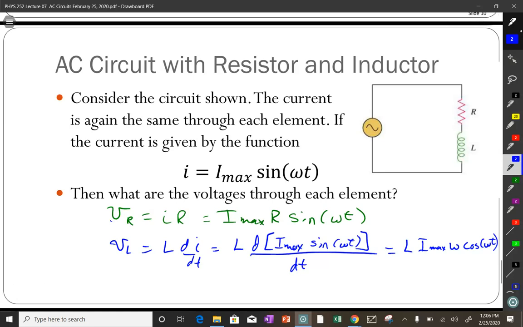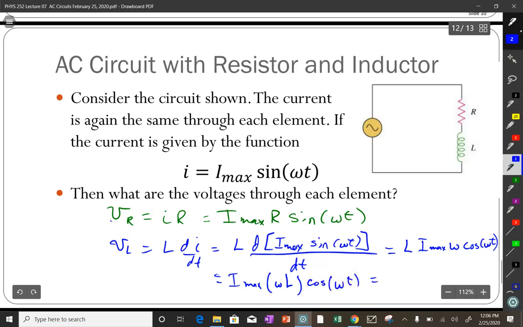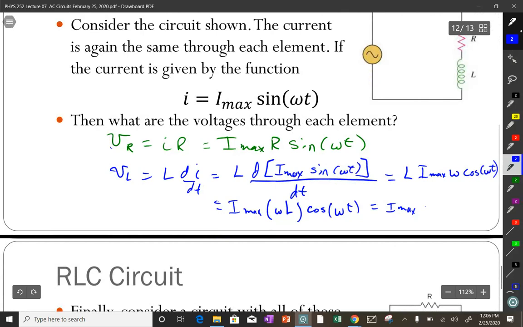Or to write it the same way we did last time, equals I max, parenthesis, omega capital L, positive cosine of omega t, or I max X sub L sine of omega t plus 90 degrees.